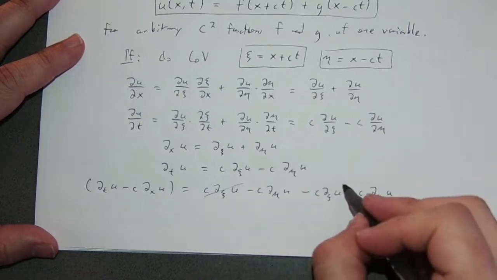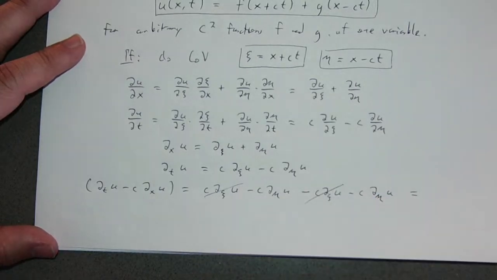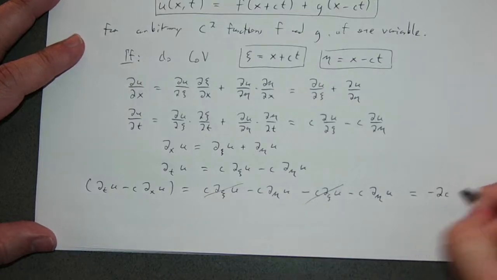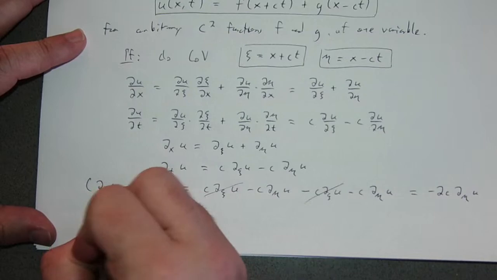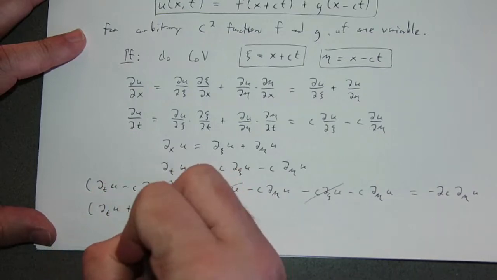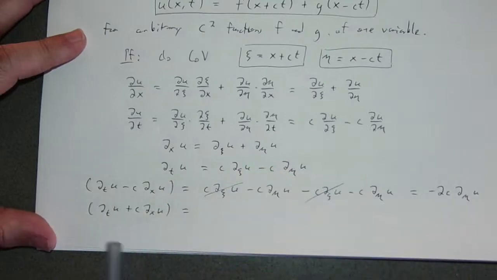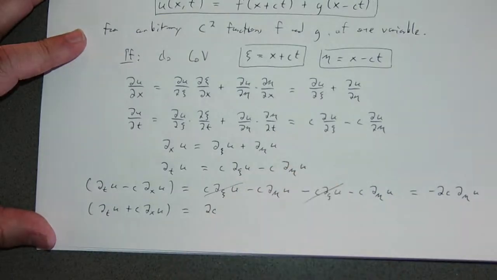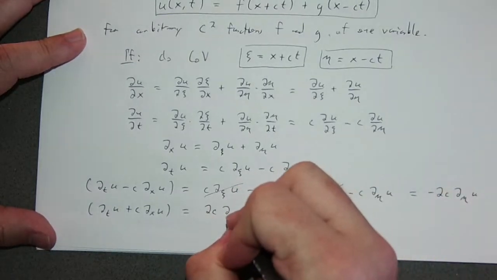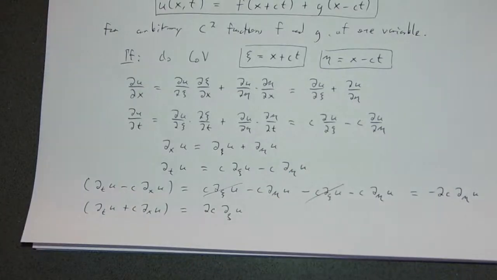These terms cancel, and what I'm left with is minus 2c del sub eta of u. The other one, similarly, del sub t of u plus c del sub x of u, is positive 2c del sub c of u.